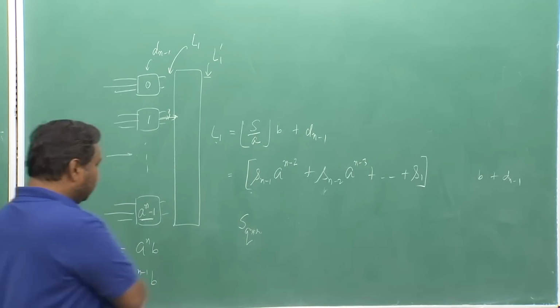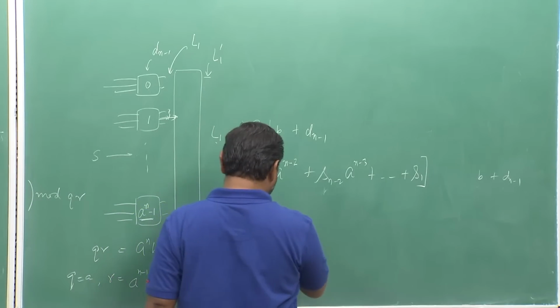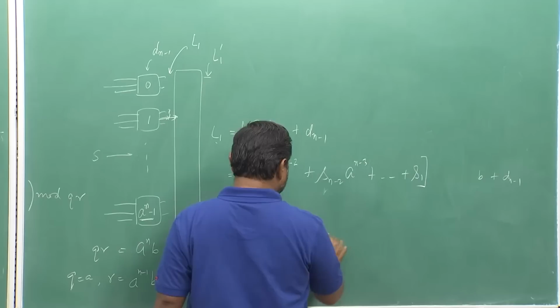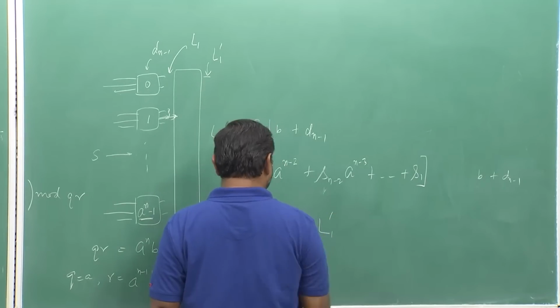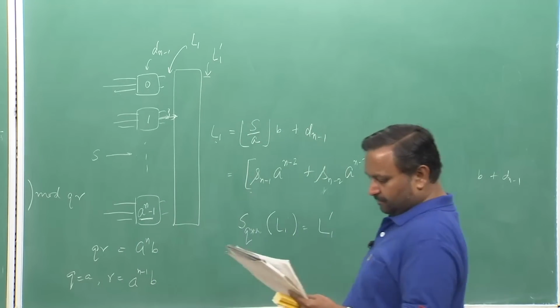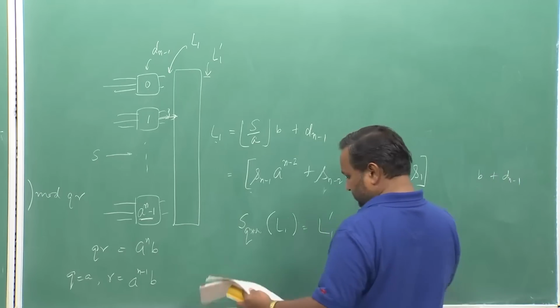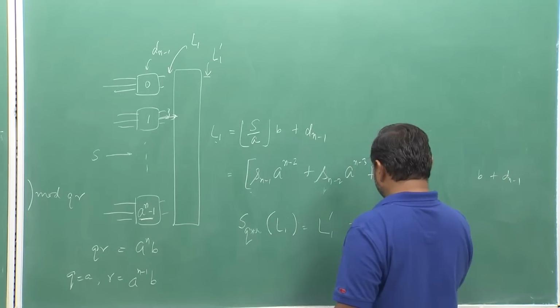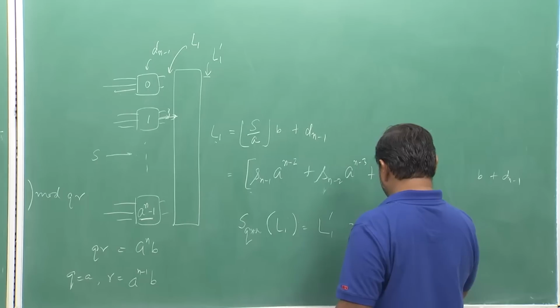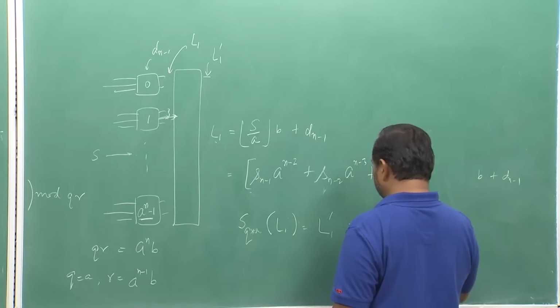Okay. So, with these two parameters I can now take L1 and it will give me L1 prime. So, in fact, now I can write as S into A, since it is A shuffle.